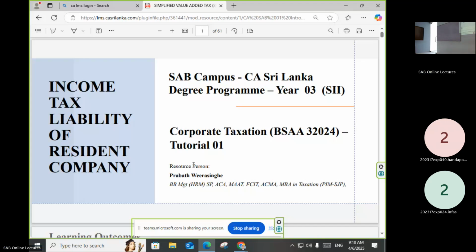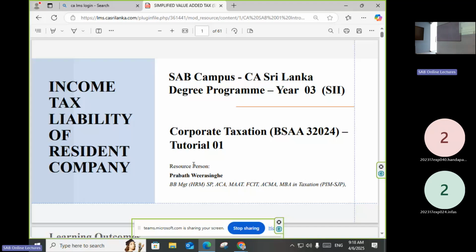Right? So actually in taxation there are two types of taxes. Basically we can categorize them into two types. One we call direct taxes, which are imposed on the profit and income of a person. Right? Direct tax. The other tax we call indirect taxes.